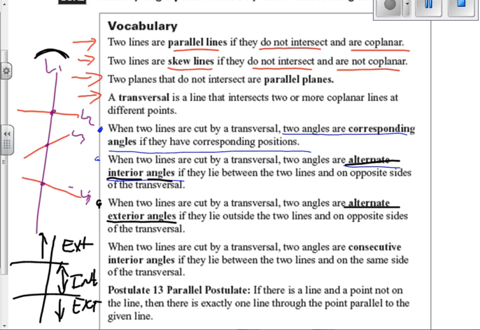Alternate exterior would be alternate on both sides of my transversal. Exterior means it's on opposite sides down here of my two lines. So if I look at this, that would be alternate exterior. This would be alternate exterior. And those two angles are alternate exterior, and so forth.